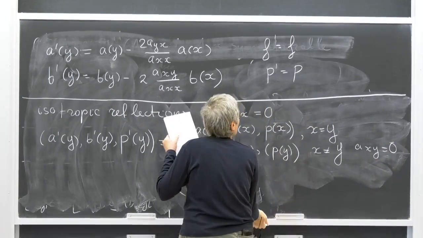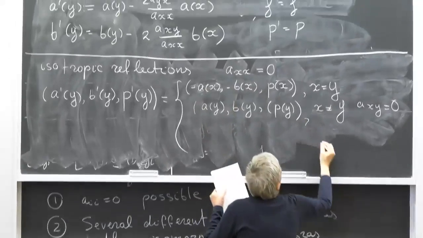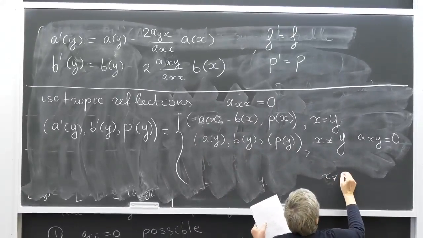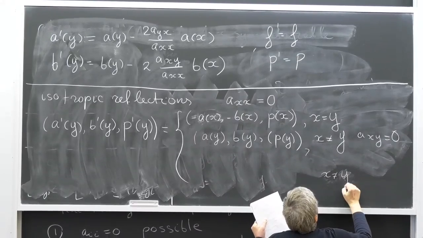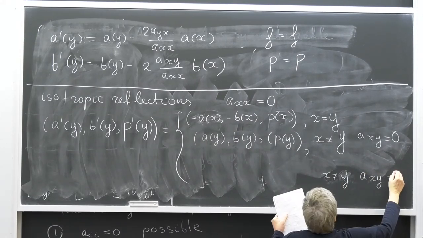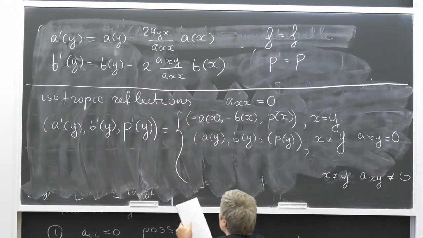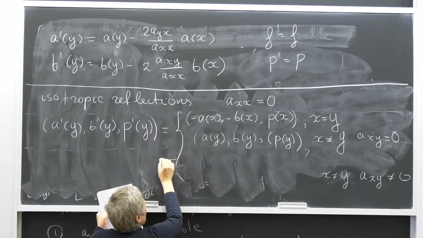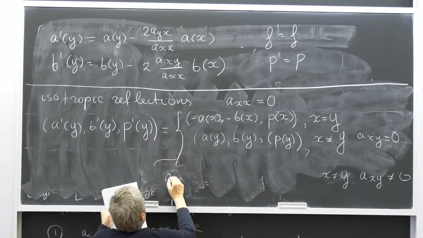So of course, the most interesting case is that X is not equal to Y, and A of X Y isn't 0. And here what we get, make a little bit more space.